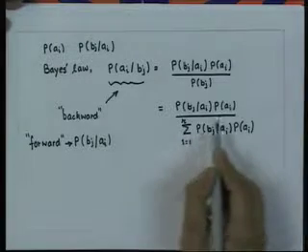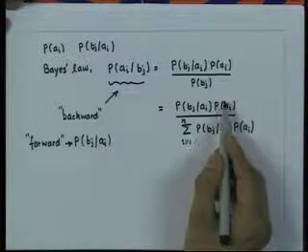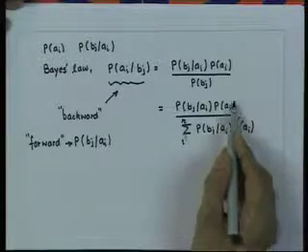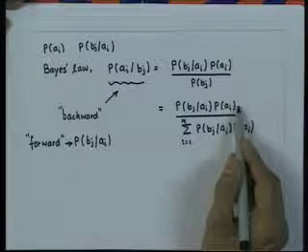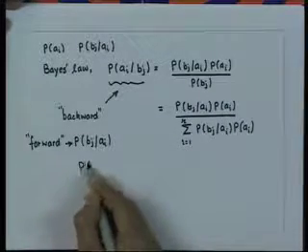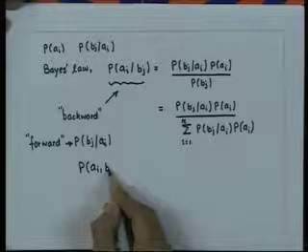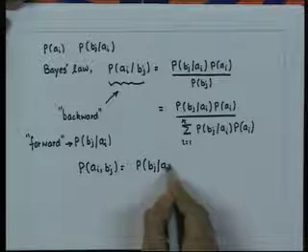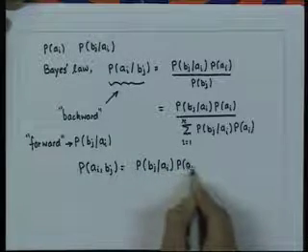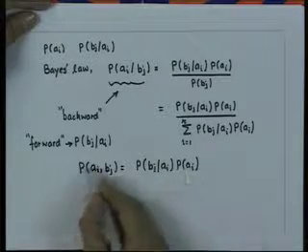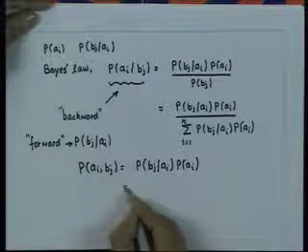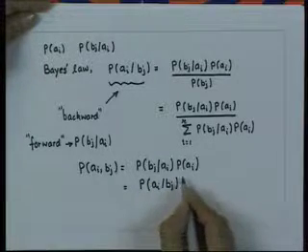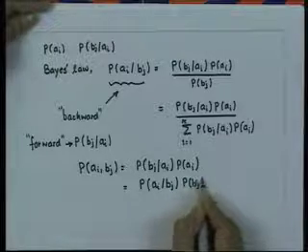Now, the numerator of the right side of this equation is the probability of the joint event Ai Bj. So, this is equal to probability Bj given Ai times probability Ai, and this quantity is also equal to probability of Ai given Bj multiplied by probability Bj.